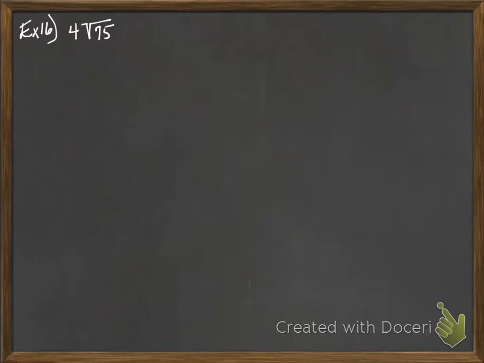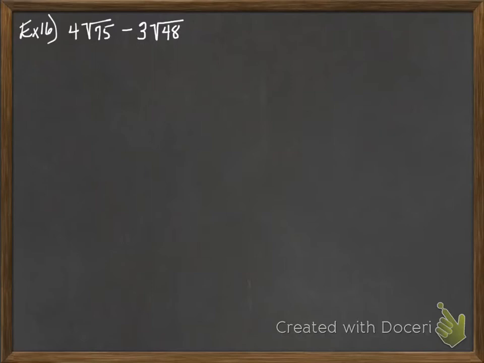So as you're writing this, I want you to be thinking, is 75 a perfect square? No. Does it have any factors that are perfect squares? Yes. What goes into 75 that's a perfect square? 25. Alright, I'm not finished. Minus 3 square root of 48. Is 48 a perfect square? No. Does it have any factors that are perfect squares? Yes.